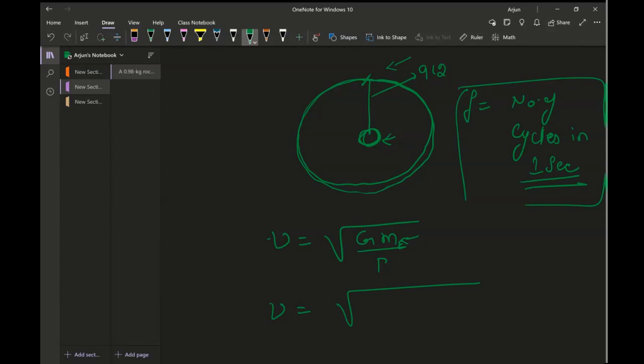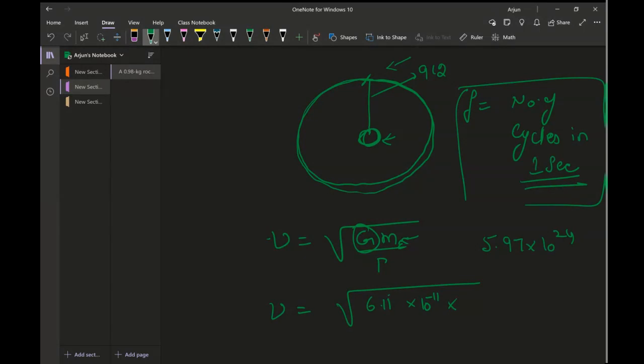The G value, we know that this G is a constant. 6.61 times 6.11, if I'm not mistaken. 6.11 times 10 raised to the power negative 11 multiplied by the mass of the Earth, which is 5.97 times 10 raised to the power 24. Let me verify it also.